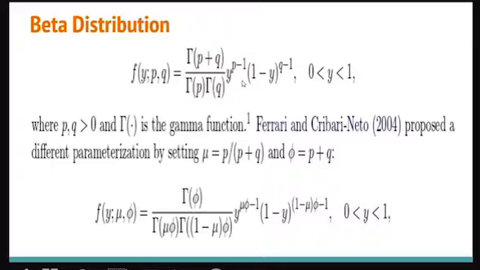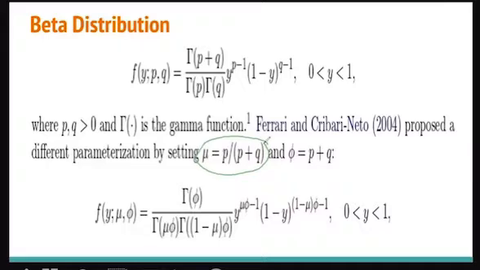Now, when we set mu to P divided by P plus Q, why are we setting mu to that? Because the mean of a random variable that follows a beta distribution is the ratio of P to P plus Q. That is the mean, the average.